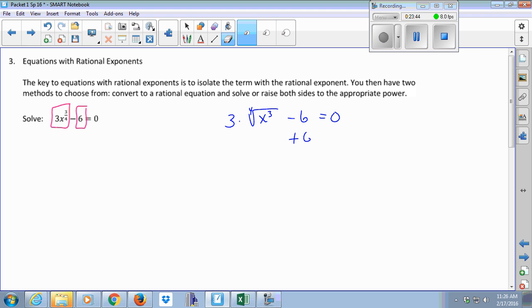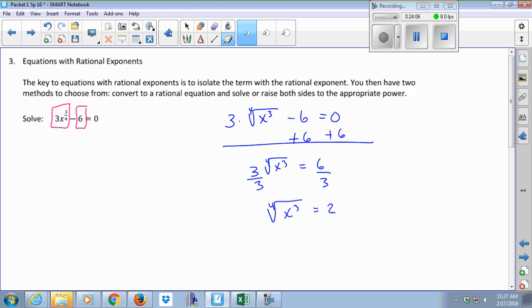You would add 6 to both sides. You'd get 3 times the 4th root of x cubed equals 6. Again, you want to isolate your radicals, so you divide both sides by 3, and you'd get this. And you would now use the techniques we did earlier. I don't want to show you the radical. I want to show you the other approach.